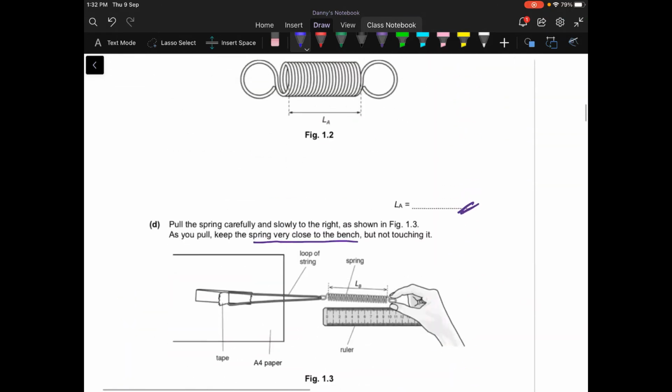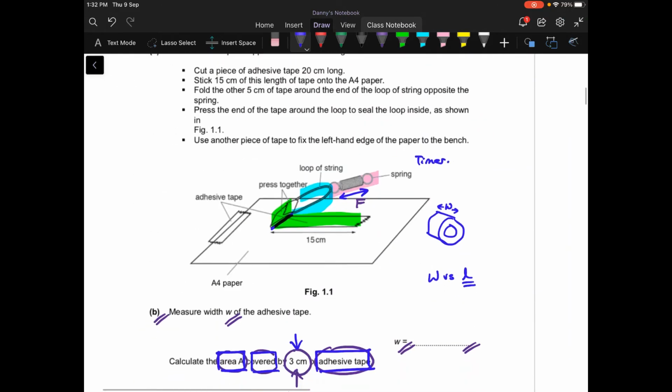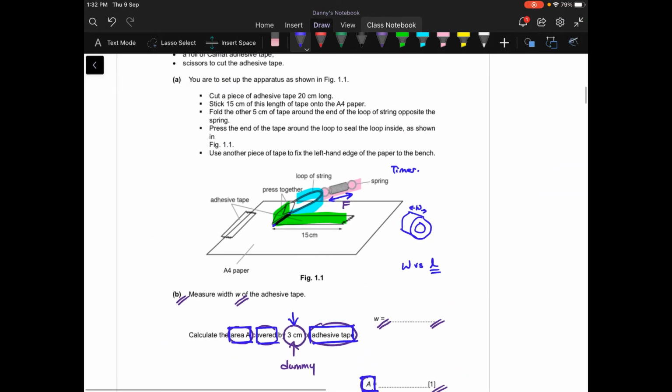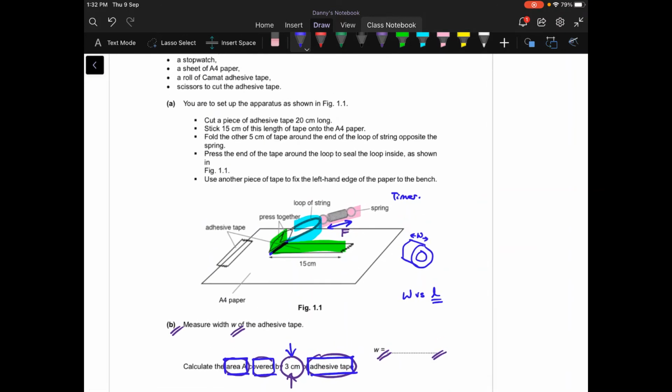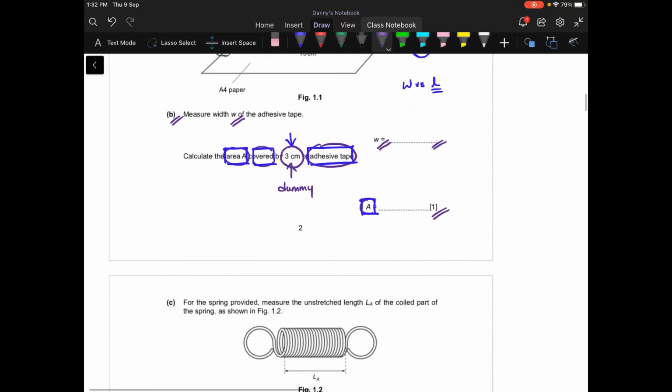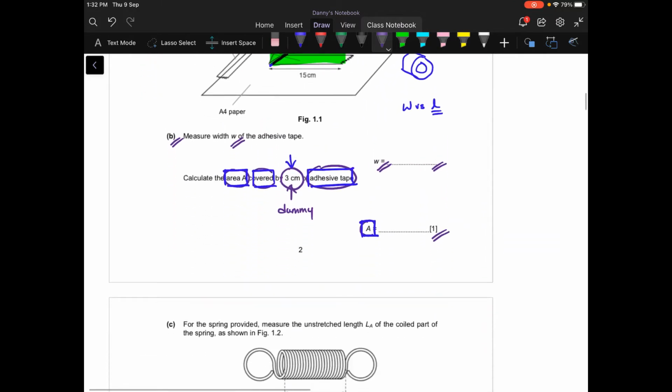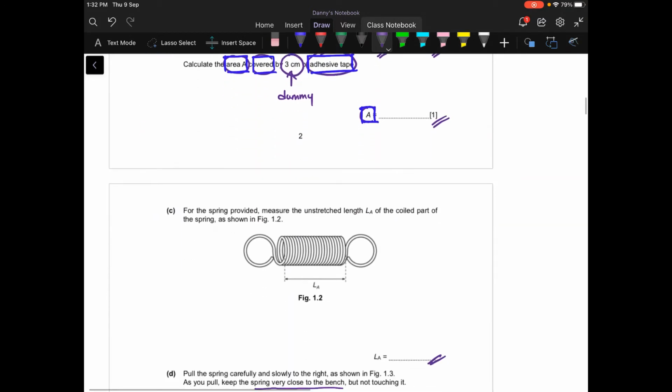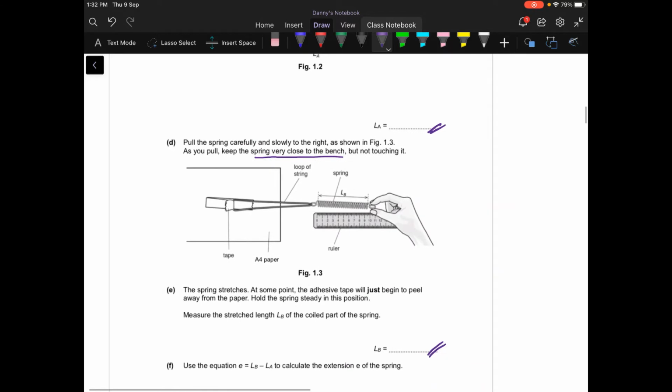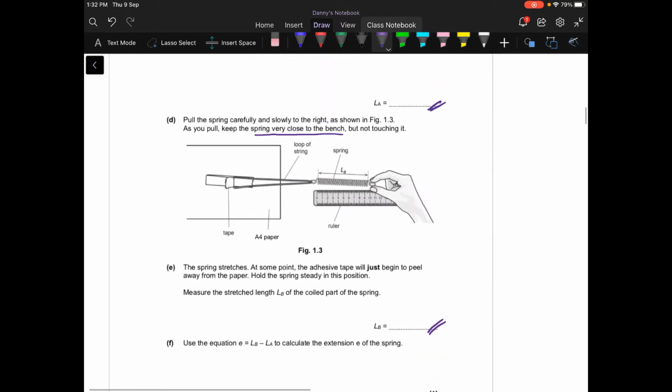So description, let's look at what are the steps that I can copy from the main question. First thing, of course, I will need to get the setup. So I need to say something like do step A, step B I also need. I need a step to find my F, right?